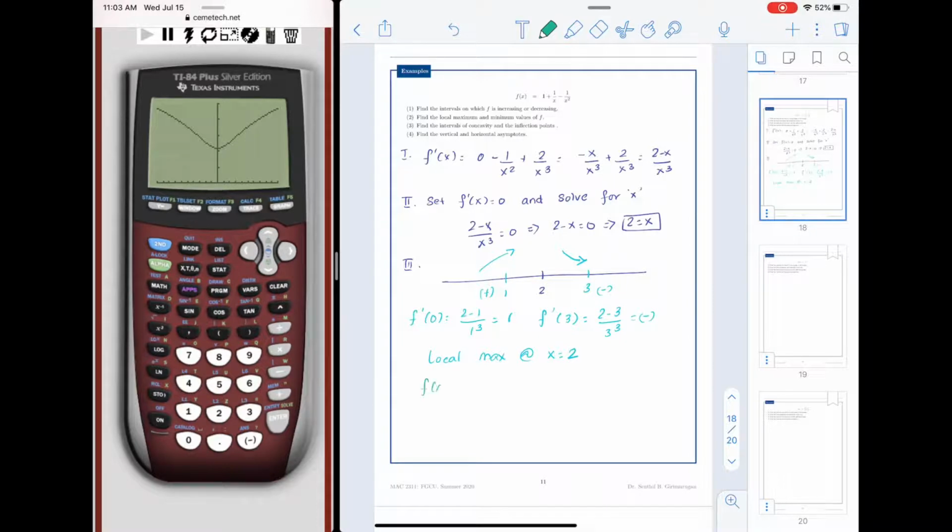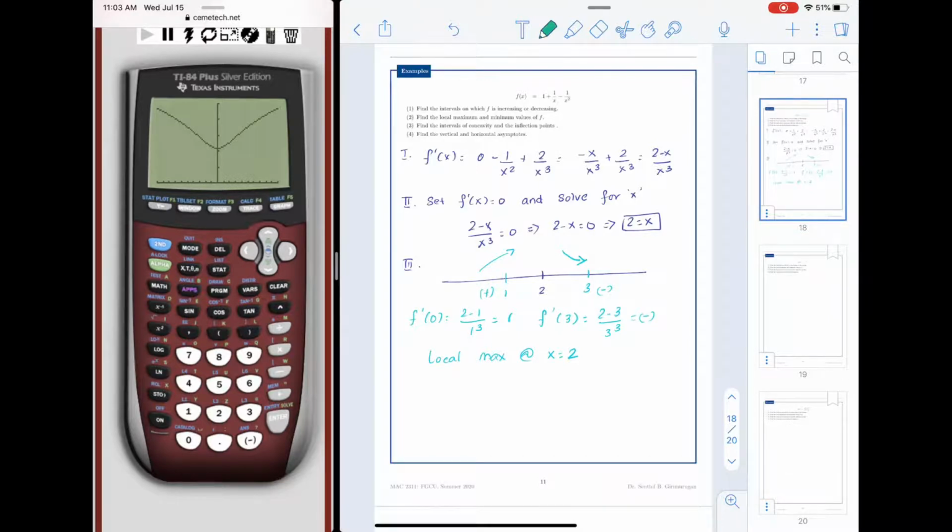So f of x is increasing for x in... we can write this at the end because this particular problem has asymptotes, so we've got to be careful. So let's give it a minute.